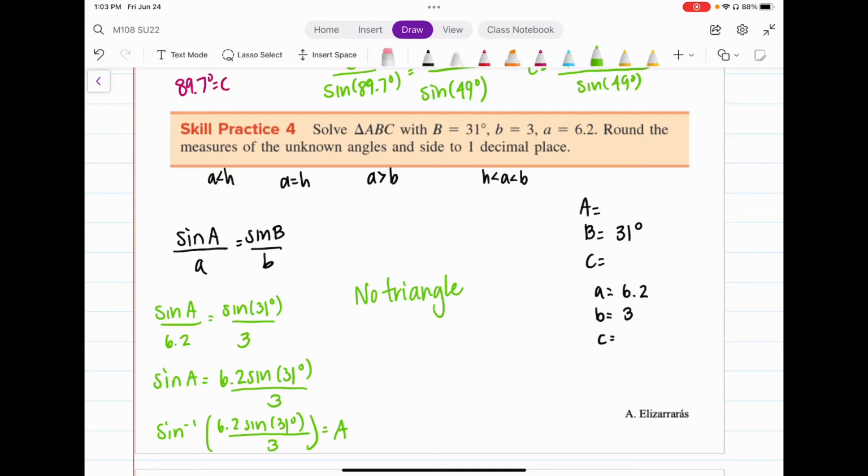In my calculator, I get undefined. When I used a different program, I also got a negative angle. So both of these are telling me that this is not a triangle.